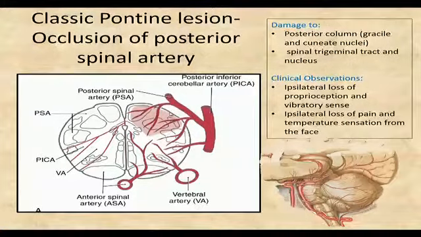And so the trigeminal tract is going to be taken out, and part of the posterior column is going to be taken out. This can even come down a little bit further. You can see why you would have these clinical observations, because you would have loss of pain and temperature sensation from the face because of trigeminal, and from the body proprioception and vibration loss because of the dorsal column. So you can put this back together.